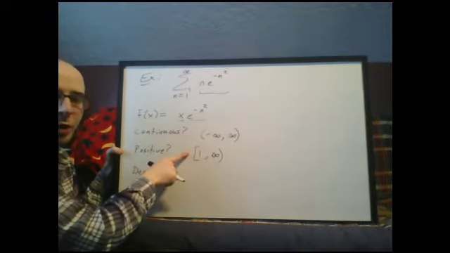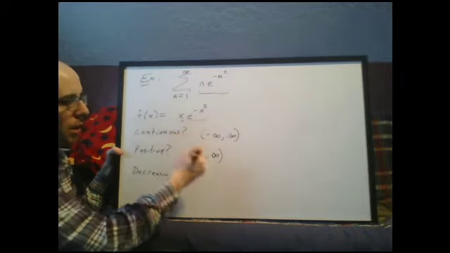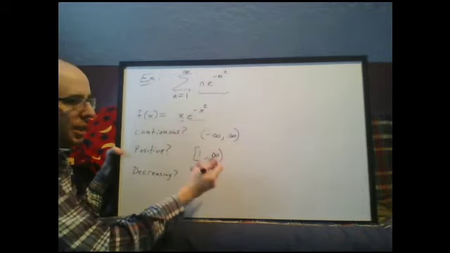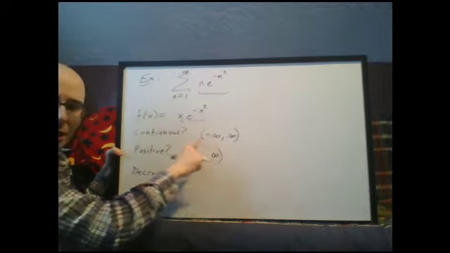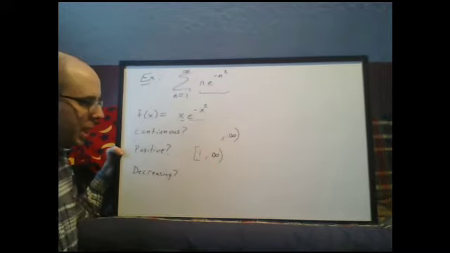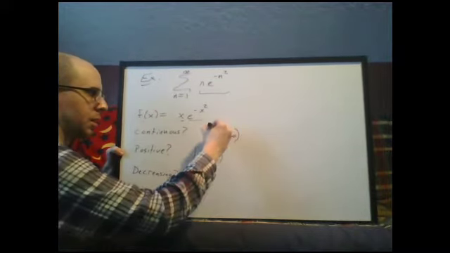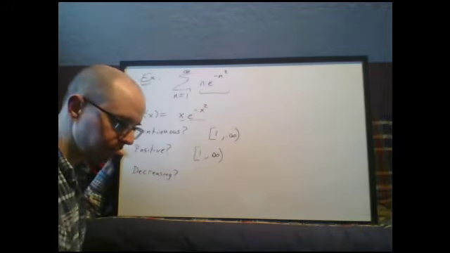Of these two, which one do I pick for my interval? We'll pick the smaller interval, so the bigger starting point. I don't need to start at negative infinity. I can start at 1. So I can go back and change this on continuity to start at 1 and be 1 to infinity.